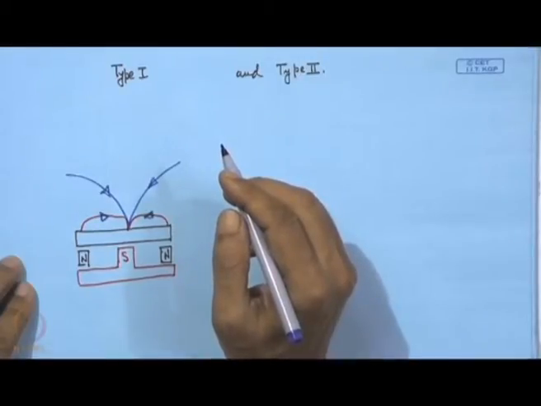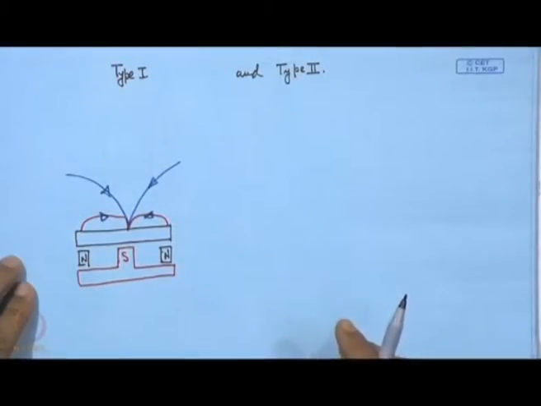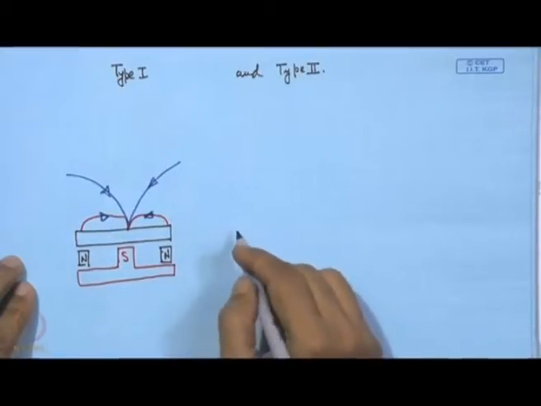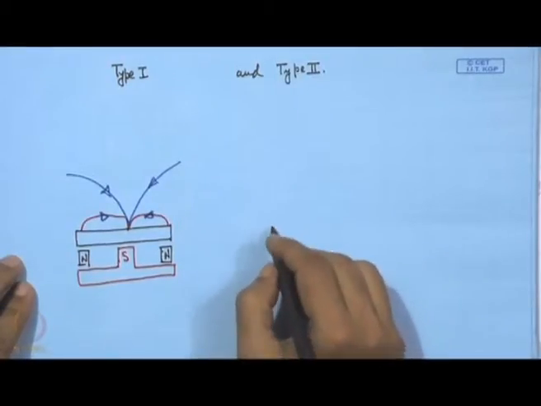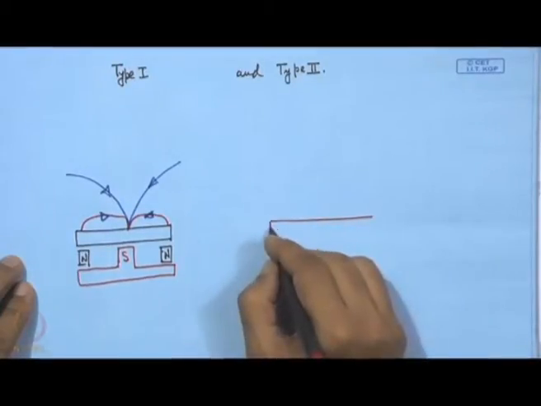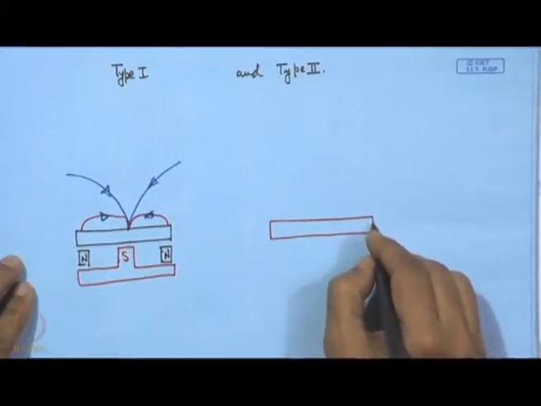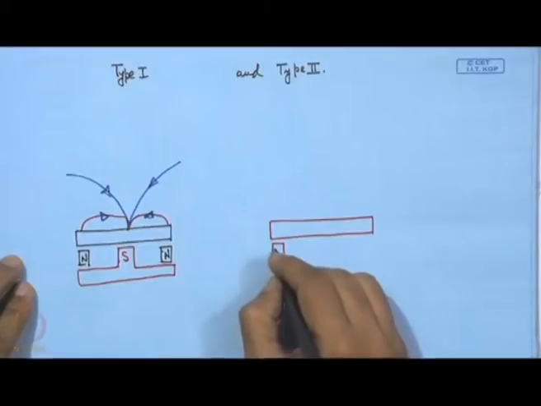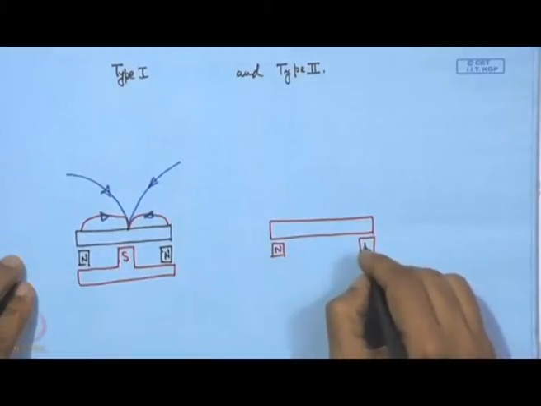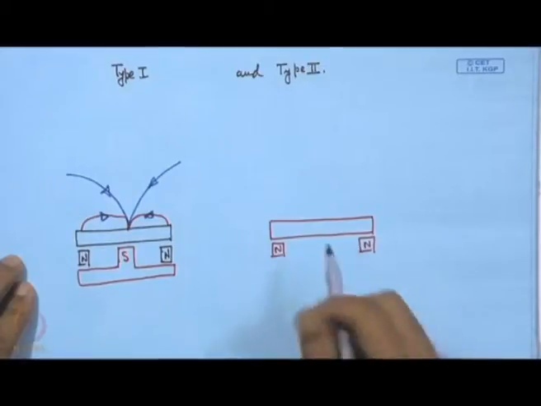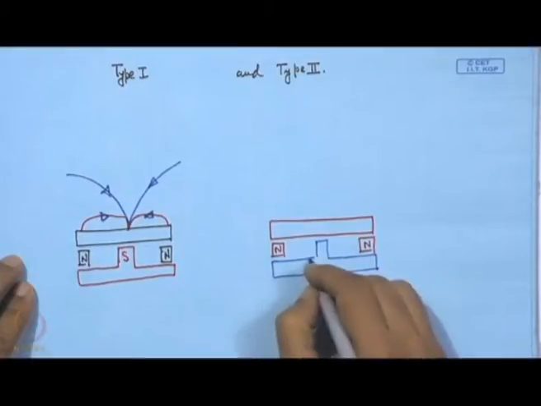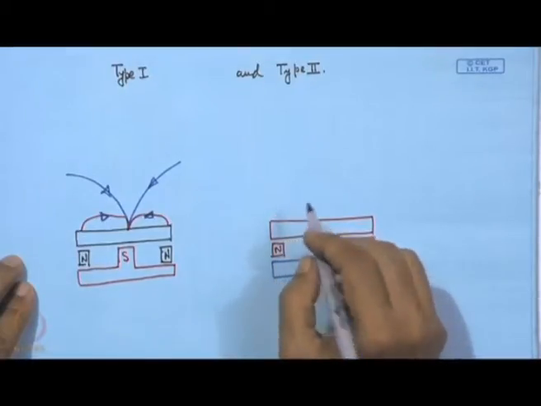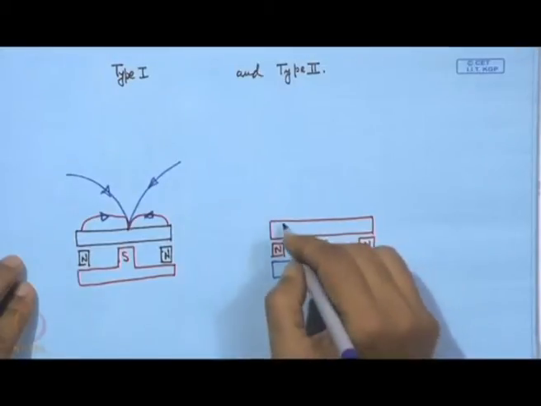And in this case, type 2, this is the north pole and this is the south. Here the north pole is stronger than the south pole.